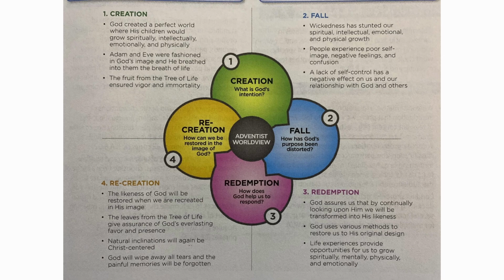In this slide, you can see that this unit is exploring a very important tenet within Adventist theology, or our belief system: that we are created, that we've fallen short of the expectations God has put before us, that we stand in need of redemption, and that God has promised to make us a new creation.